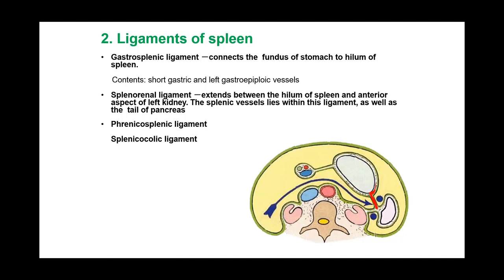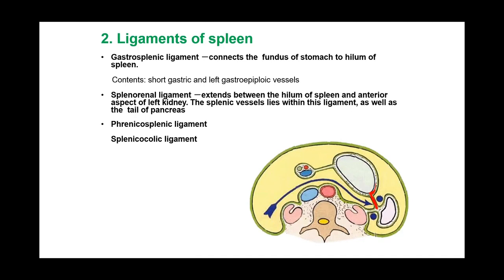If you are doing a splenectomy, okay, if you are doing it electively, you have to ligate and excise this ligament before ligating and excising the vessels. But if it is for trauma, you have to ligate the vessels first.